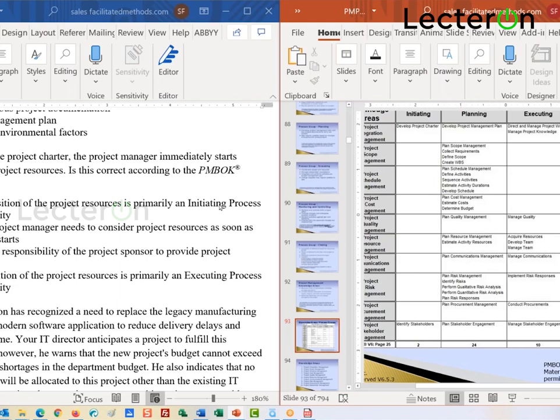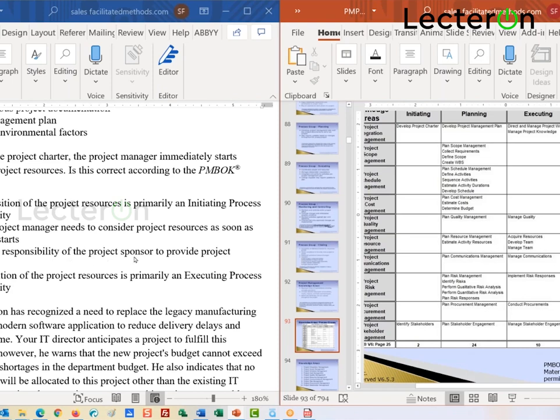So acquisition is really an executing process. Now, do they need to start considering it? But that isn't what it says. This says acquiring, so the idea of immediately acquiring is wrong. They should consider it, but they shouldn't acquire yet.